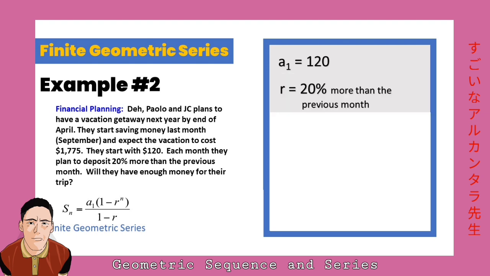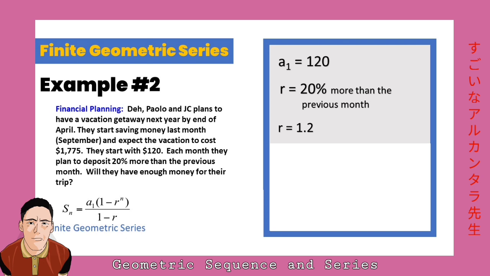Now, to make this clear, the terminologies here are important for you to take note of. It's not basically 0.20 for the ratio. It's going to be 1.2. Now, you might be asking why. In here, we use 20%, and after that, we use the terminology more than. If you convert that into an operation in mathematics, that means addition.